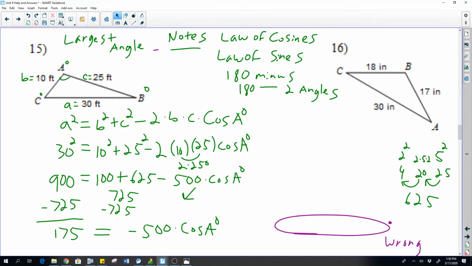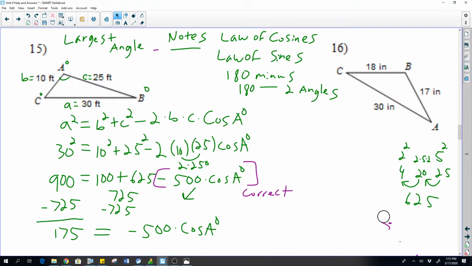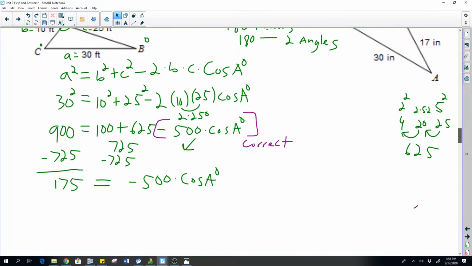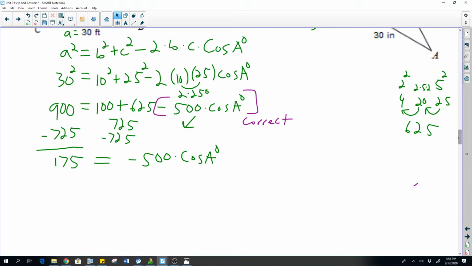So just group that together, and that's correct. Now we can bring down the negative 500 cosine of A. And now we can divide over the negative 500 to the other side.